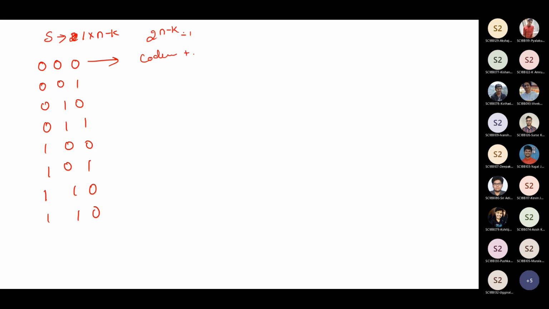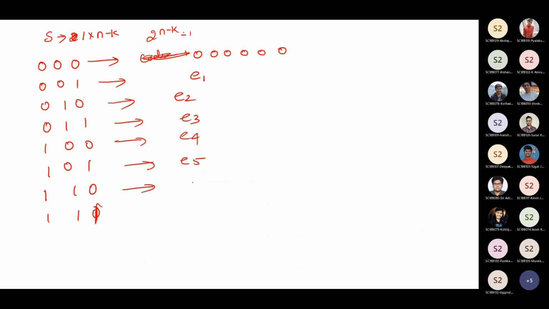So there is no error, and the error vector will be all 0. For this syndrome, what is the error vector? For this syndrome, what is the error vector?